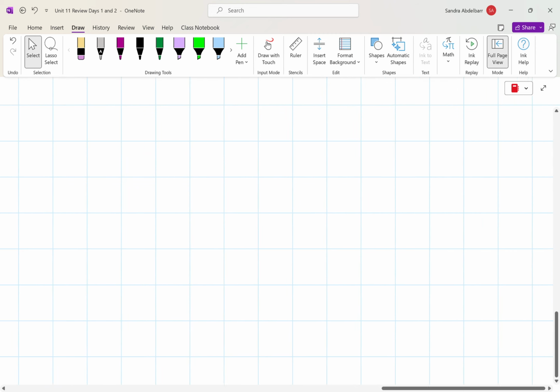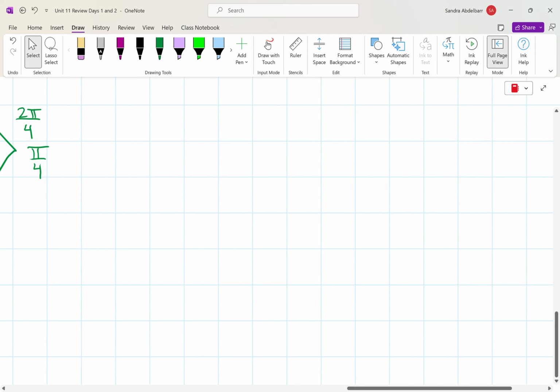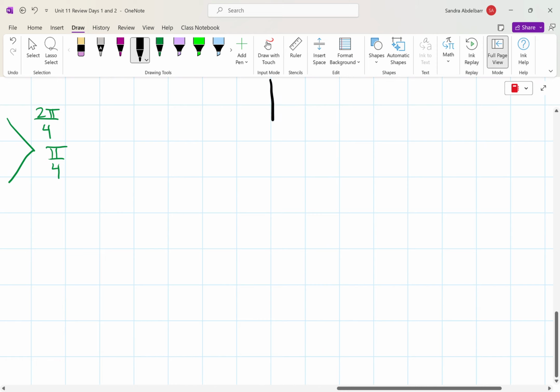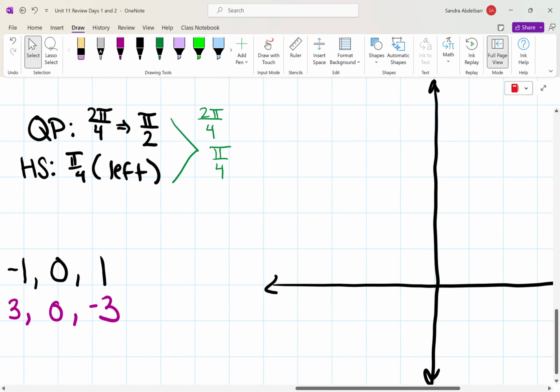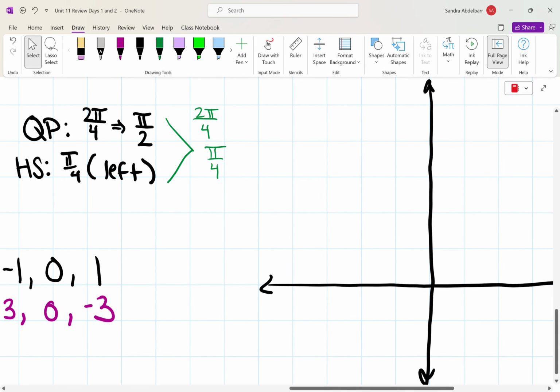Ooh, I went a little bit too far. Okay, but now we're shifting. So now we're shifting pi over 4 units to the left. So here's my 0. Here will be negative pi over 4.